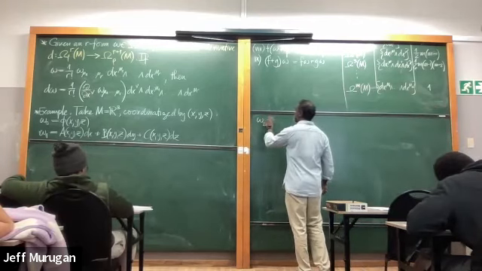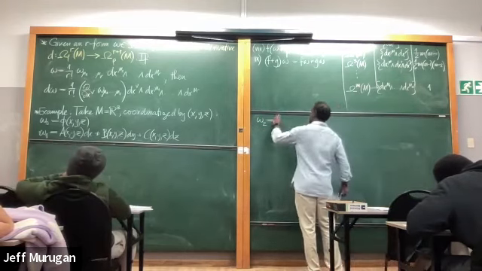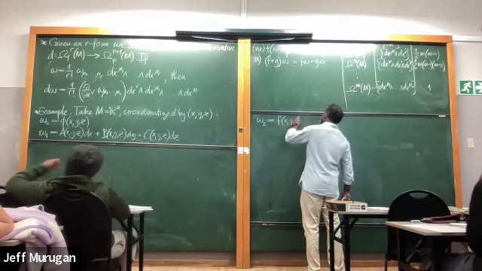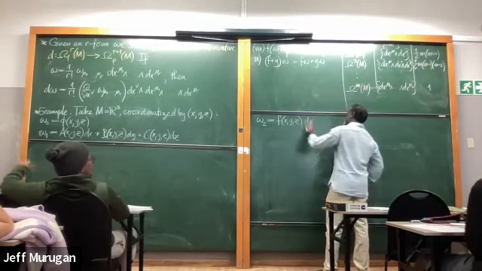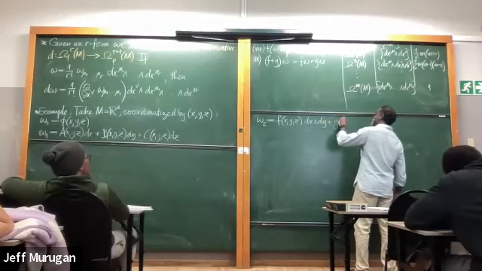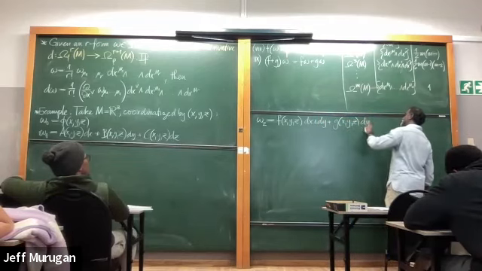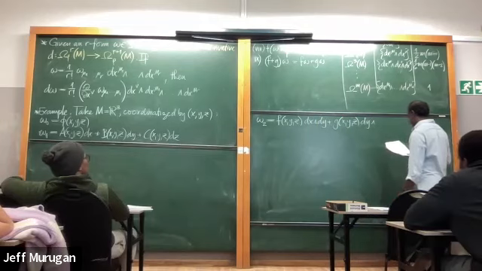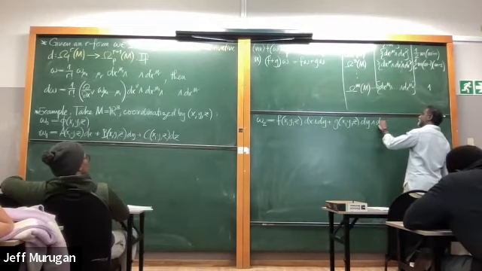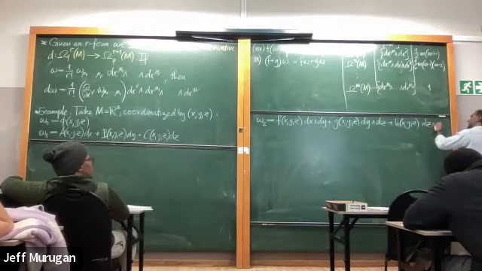Two-forms look like this: f of x, y, z dx wedge dy, g of x, y, z dy wedge dz, and some h of x, y, z dz wedge dx.